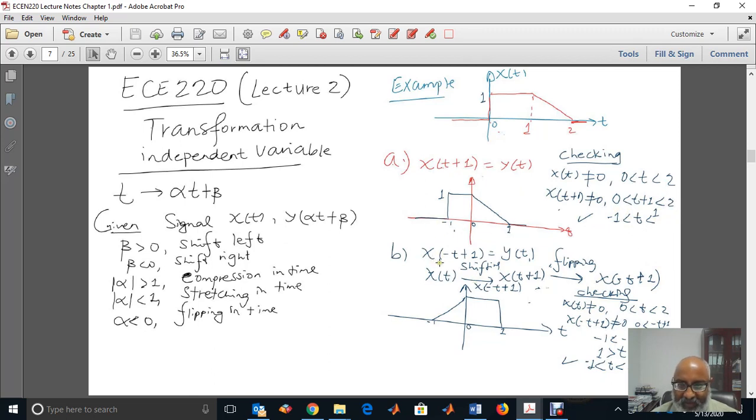So what about x of minus t plus 1? So I have t plus 1 already. Then I have minus t, which means reflection across the y-axis, or the signal is reversed in time. We call it time reversal. So that means consider the y-axis as your mirror and find the reflection of the right side.